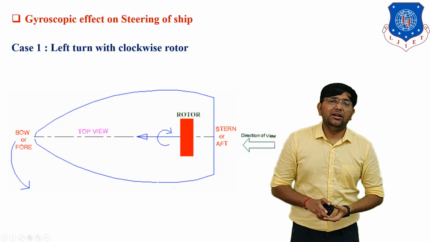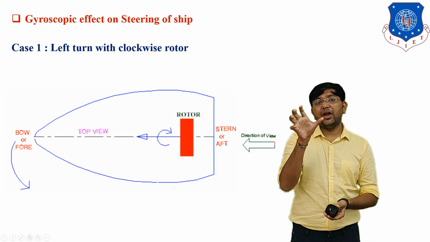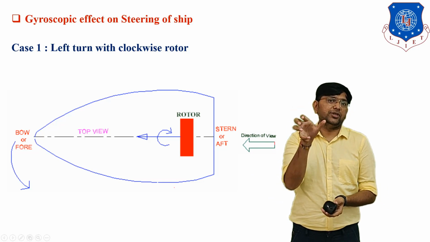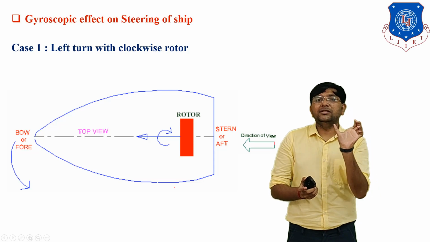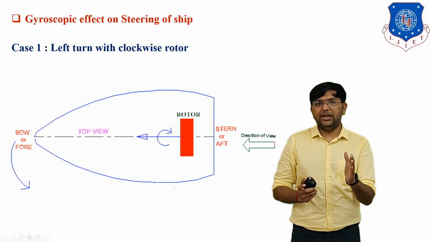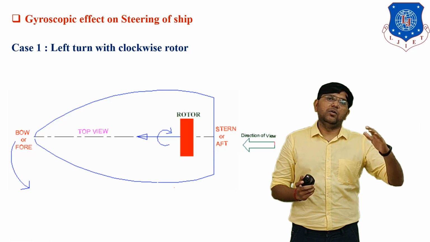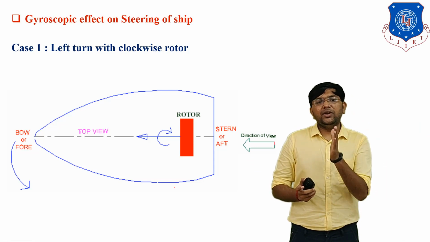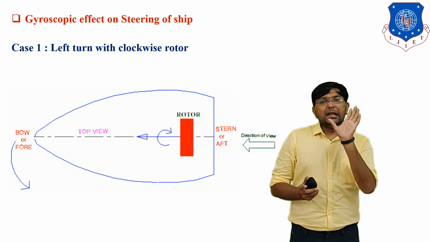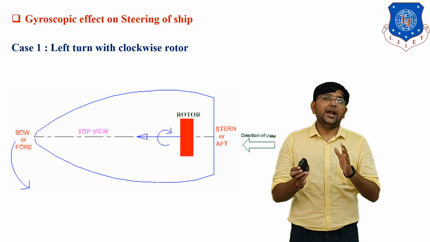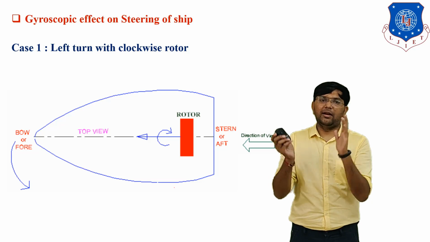In this session we discuss the gyroscopic effect on a ship during steering motion. Three types of motion occur while a ship moves on the surface of water: steering, pitching, and rolling. In steering motion, the ship tries to take a left turn or a right turn.